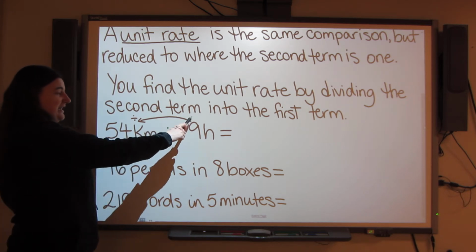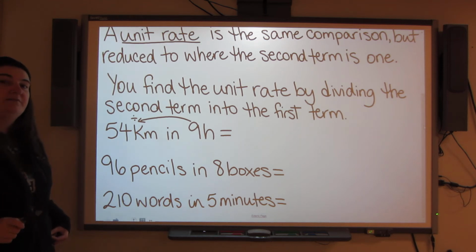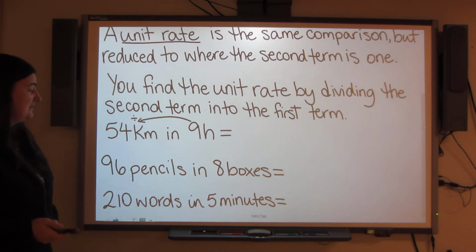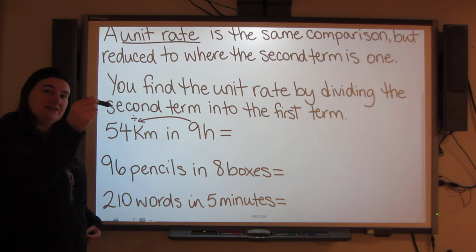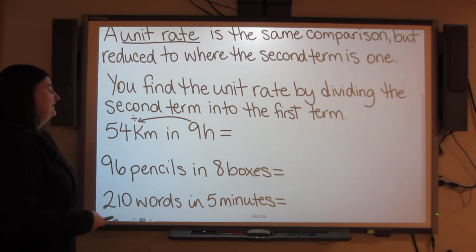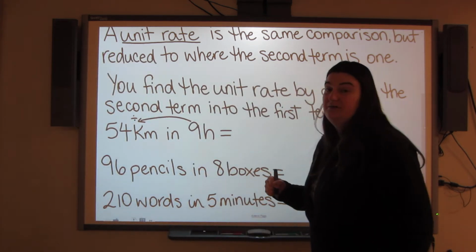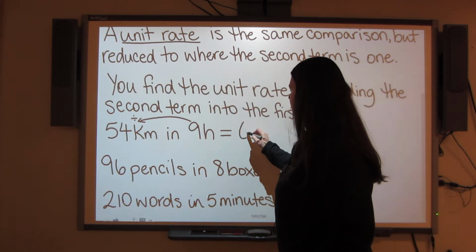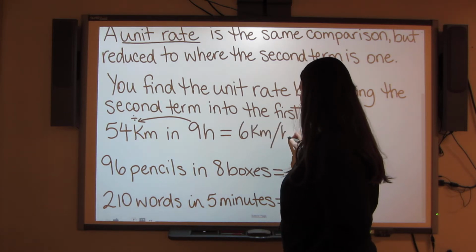into the first term. So this one you don't need an outside calculation for. You just look down your 9s until you get to 54 on your multiplication chart. Hopefully, if you look down your 9s till you get to 54, you look to the side and you know that it's 6. So when you rewrite it as a unit rate, you write 6 kilometers per hour.